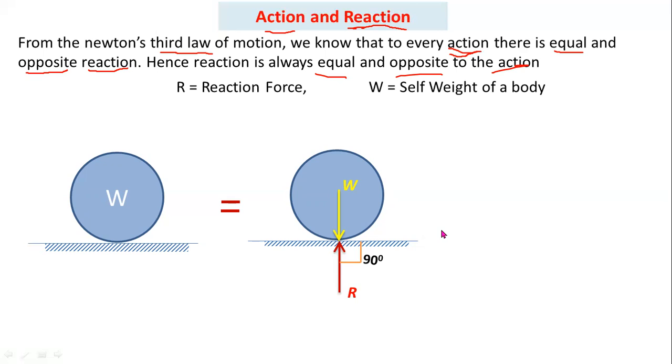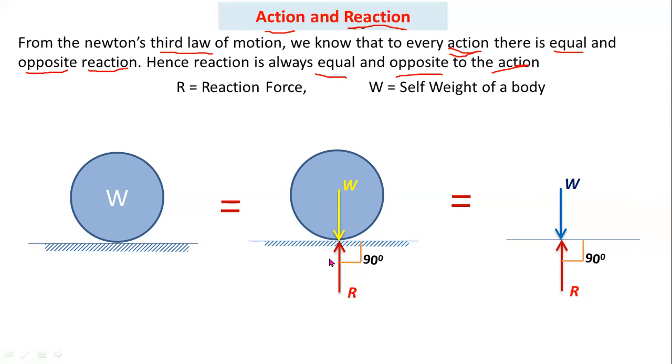Now for solving the problem, you have to consider these forces like this. Here you have to consider a horizontal axis, that is the x-axis or reference axis. Consider this self weight as it is, and then consider this reaction force vertically upwards as it is. Now this is the free body diagram.